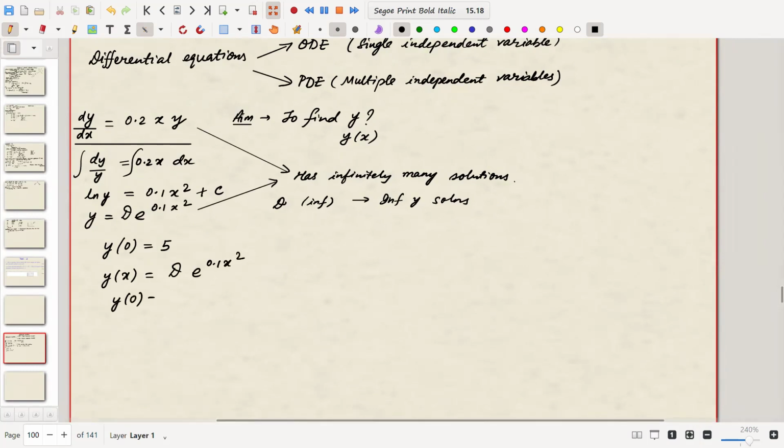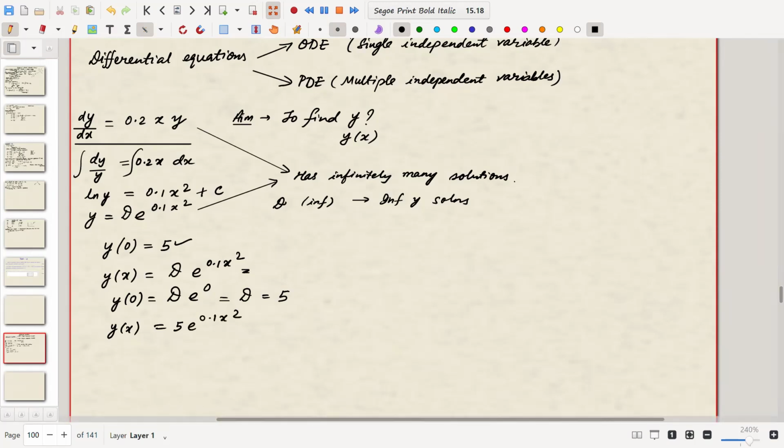So y of 0 equals d e to the power 0, that is, d equals 5 because this is given as 5. So y of x equals 5 e to the power 0.1 x square, given that y of 0 equals 5. Now this is a unique solution.